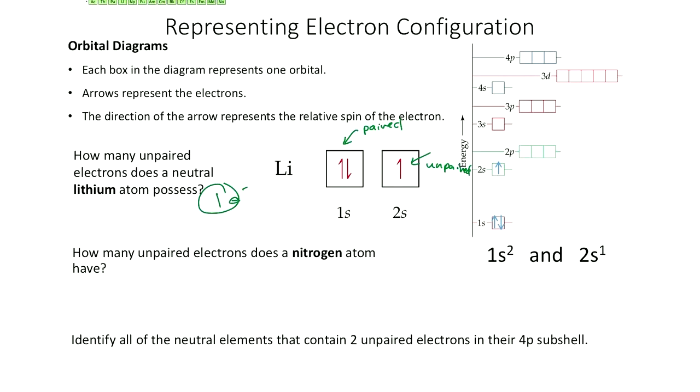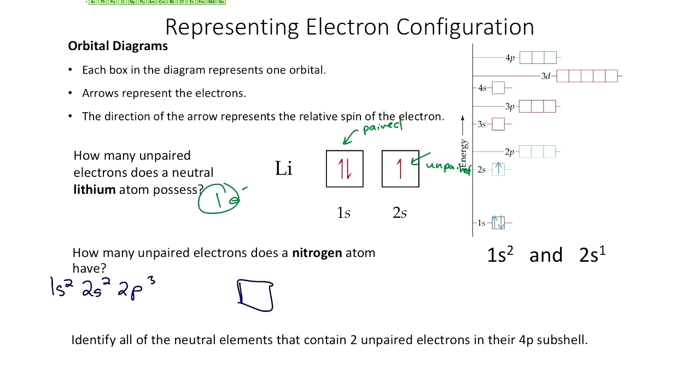So let's do this. How many unpaired electrons are on a nitrogen atom? Let's write the electron configuration. I'll write the whole thing. We have 1s2, 2s2, 2p, how many electrons for nitrogen? 3, okay. And so we can draw that.